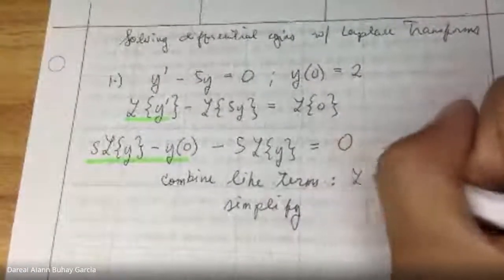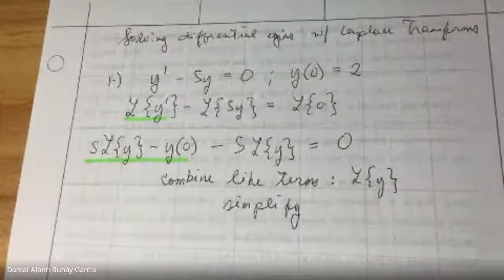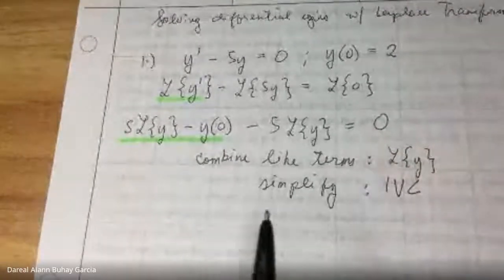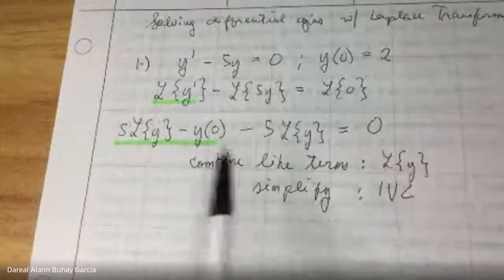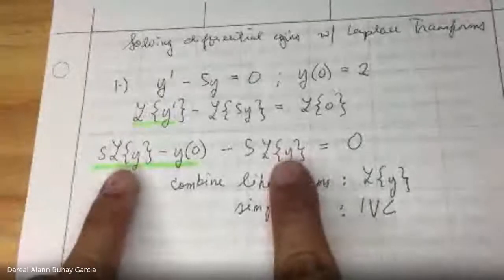Combine like terms, especially with regard to the Laplace of y, and simplify, meaning substitute the initial value conditions. In this case, only two terms have the Laplace of y: this one and that one.